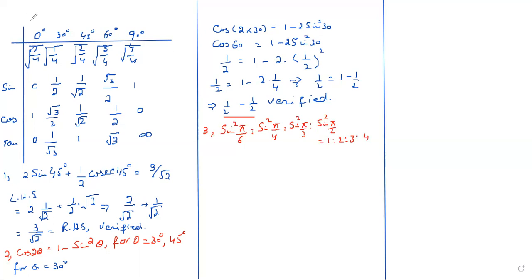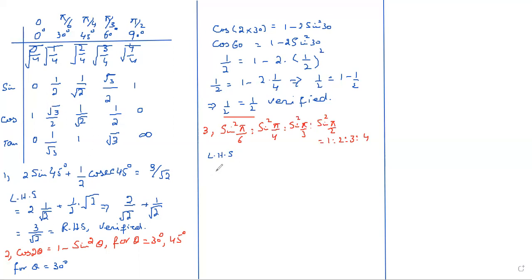One more thing I want to write here. This is 0. This is pi by 6. This is pi by 4. This is pi by 3. And this is pi by 2. Okay, we'll put the values. So taking left hand side first. Sine square pi by 6: sine pi by 6 is 1 over 2.